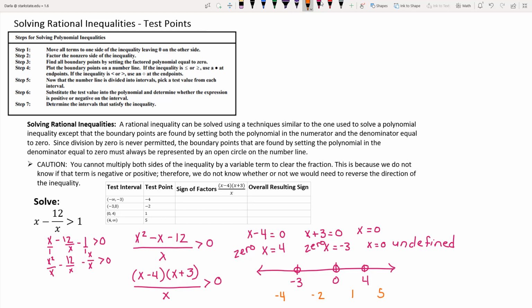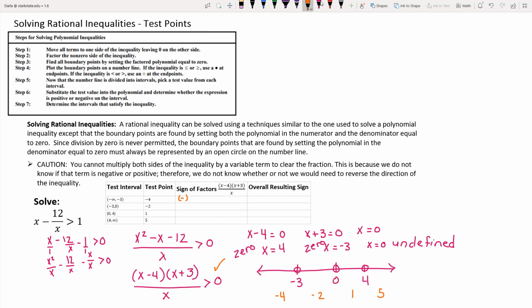And again, what we're concerned about is what is our overall sign when we plug those values into the factorization form of our inequality. And so if I plug in negative 4, so I'm going to use this table up here to demonstrate this, then up in the numerator we get negative 4 minus 4. That's going to be negative.